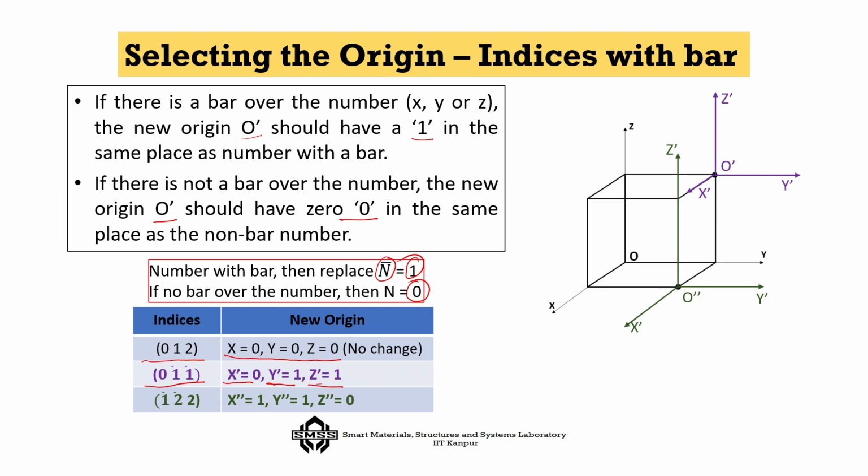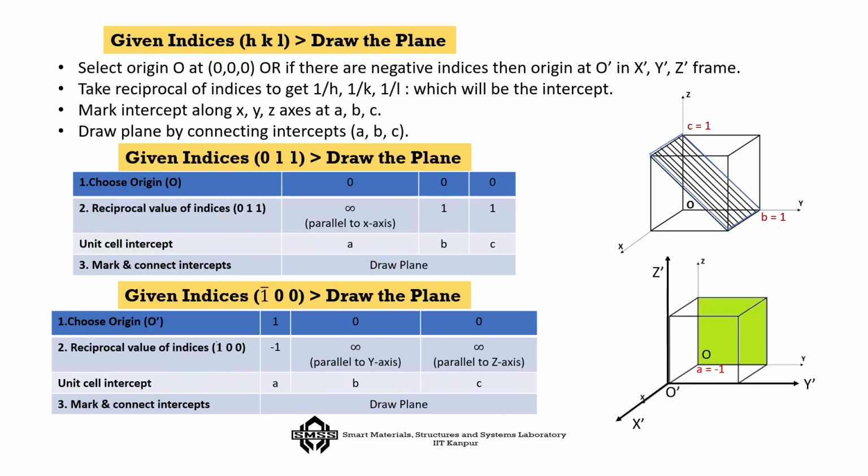And if it is 1 bar 2 bar 2, then this is 1, this is 1 and this is 0, because there is no change. So, you put it as 0 and then accordingly you do the other two. So, this is when you have to consider that there are negative positions and you need to shift the origin because of it.